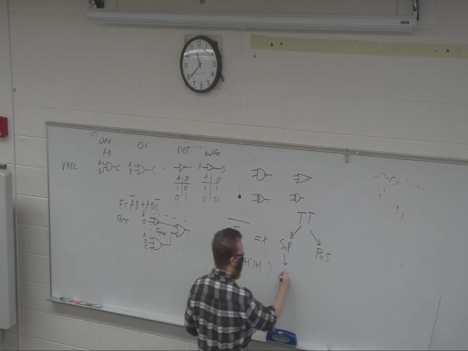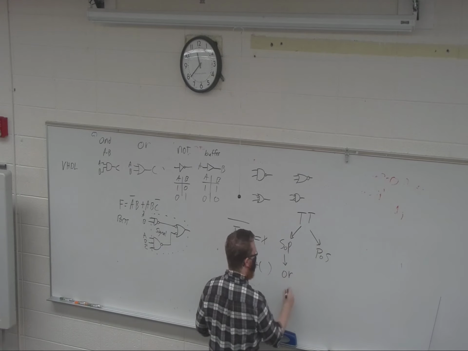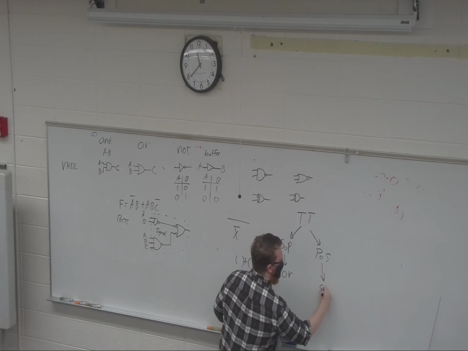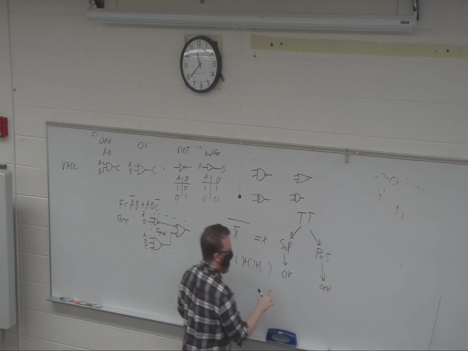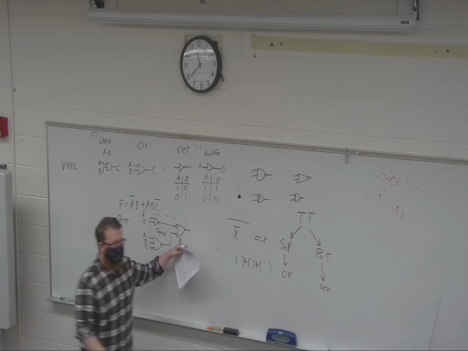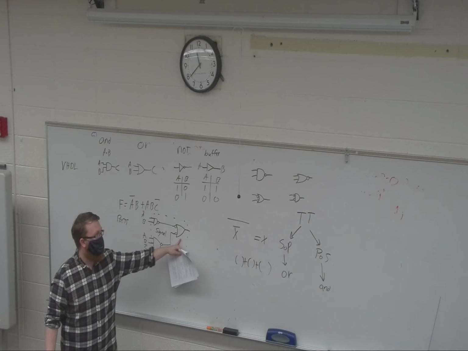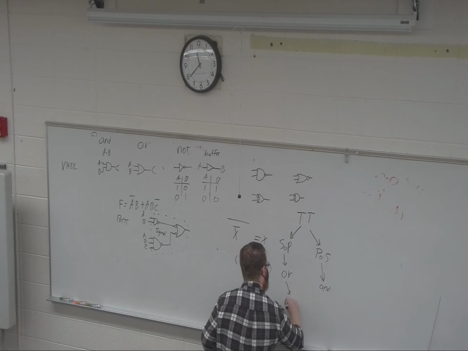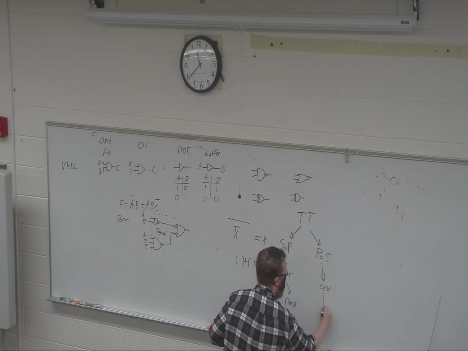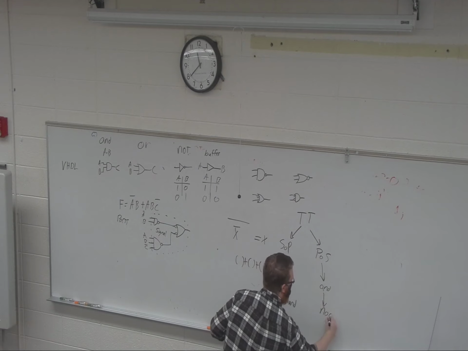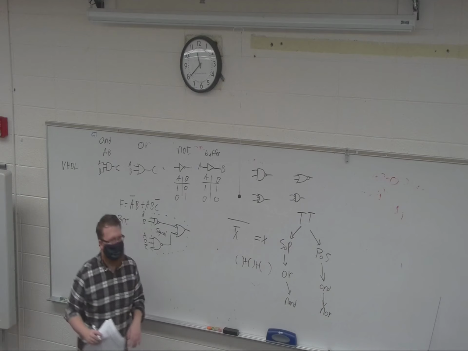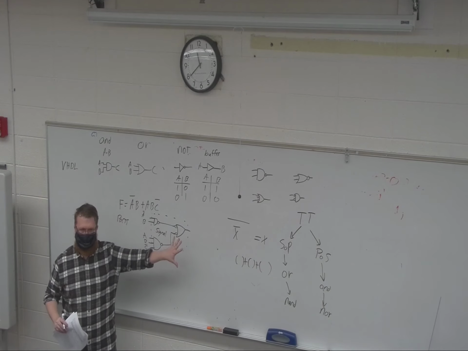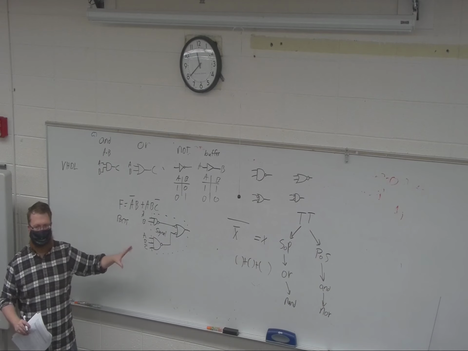It's an OR gate as the output gate, which means this is AND. And when I have an OR gate to start with, I end up with NOR. And now as a designer, I can intelligently start with a truth table to get to the gates that I care about, or the gates that I have in my kit, whatever it happens to be.